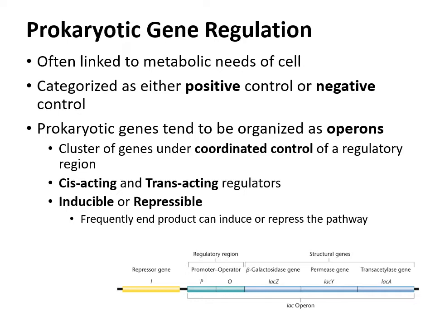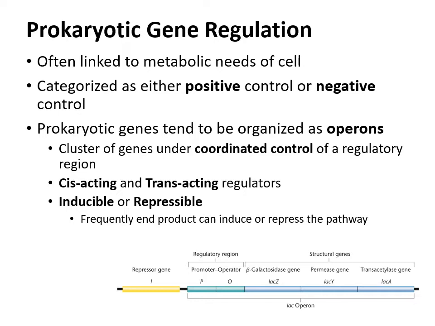That in bacteria, this gene regulation involves what's called operons, so a chain of genes. That the regulators can be cis or trans-acting, cis being DNA, trans being protein. And that it can be inducible or repressible, which you'll see in a minute. Basically, the expression can be activated or repressed.